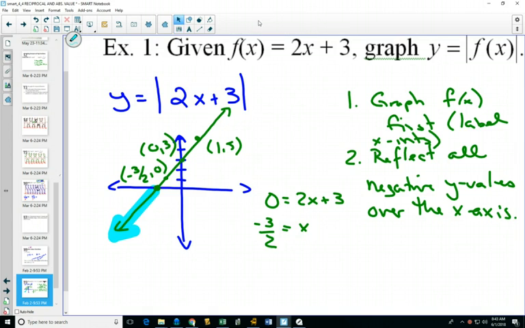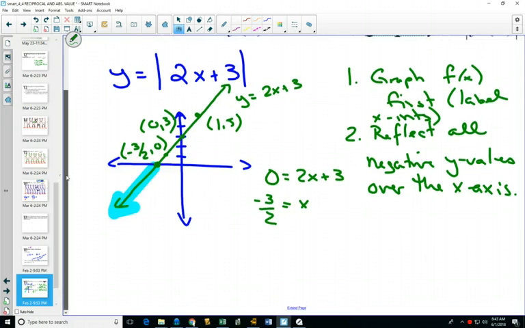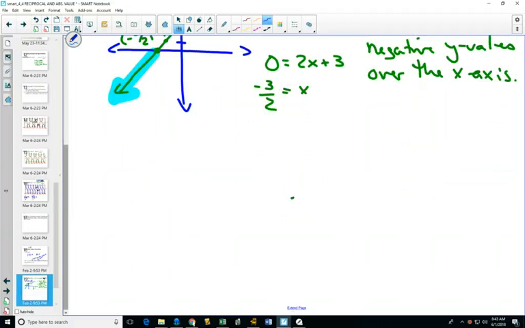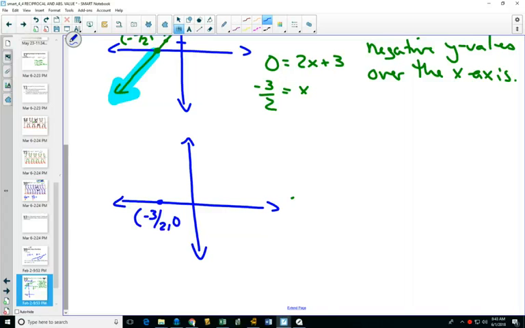So this green graph is f of x, which is 2x plus 3, and underneath it here, we're going to graph the absolute value. Label your x-intercept again. This part of my original graph, where the y values were positive, is going to stay exactly the same.